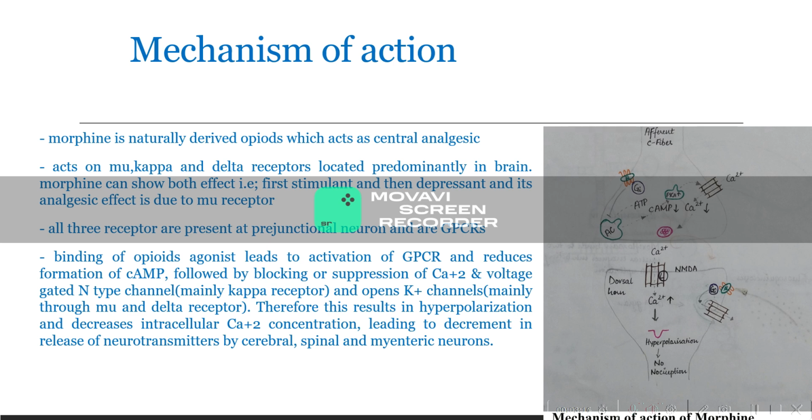Binding of an opioid agonist leads to activation of the G-protein coupled receptor and reduces formation of cyclic AMP, followed by suppression of calcium ion voltage-gated N-type channels, mainly through the kappa receptor, and opening of potassium channels, mainly through mu and delta receptors. This results in hyperpolarization and decreased intracellular calcium ion concentration, leading to decreased release of neurotransmitters by cerebral, spinal, and myenteric neurons.